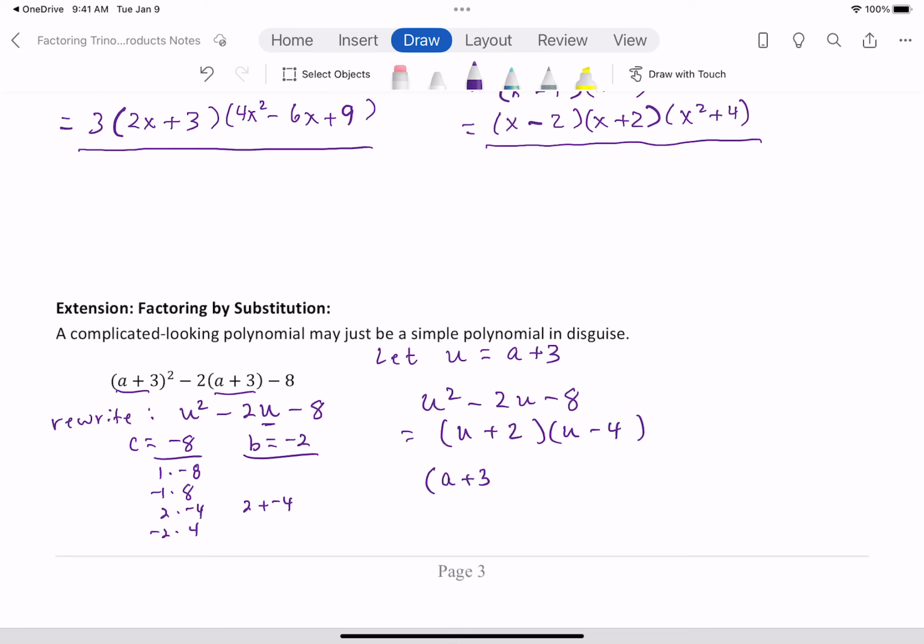So a plus 3 plus 2, and then a plus 3 minus 4. And you notice we have some like terms. The 3 plus 2 is 5, and the 3 minus 4 is negative 1. So this is my final factorization.